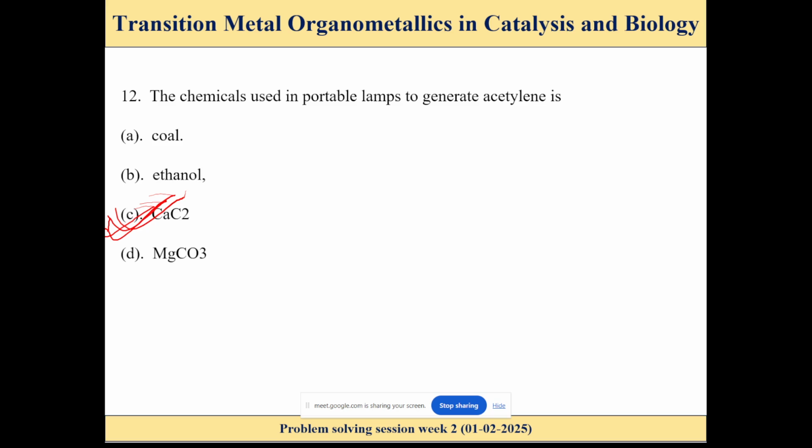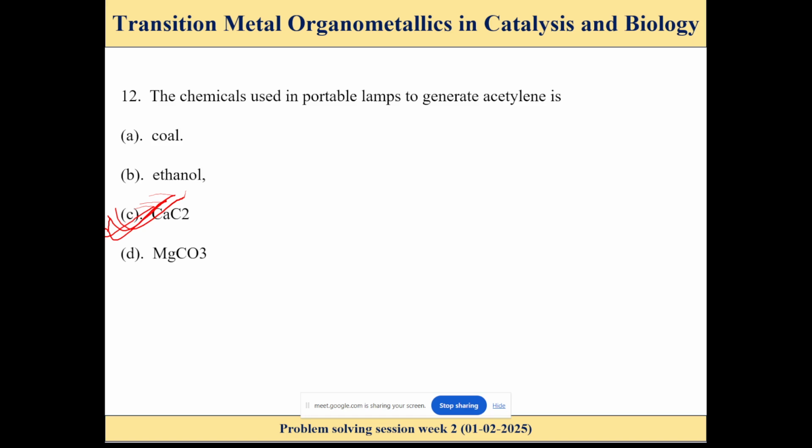If you light the acetylene gas with fire, it will be a nice lamp. So acetylene gas was also used in earlier days in portable lamps, where the raw material is calcium carbide, which is easily available.